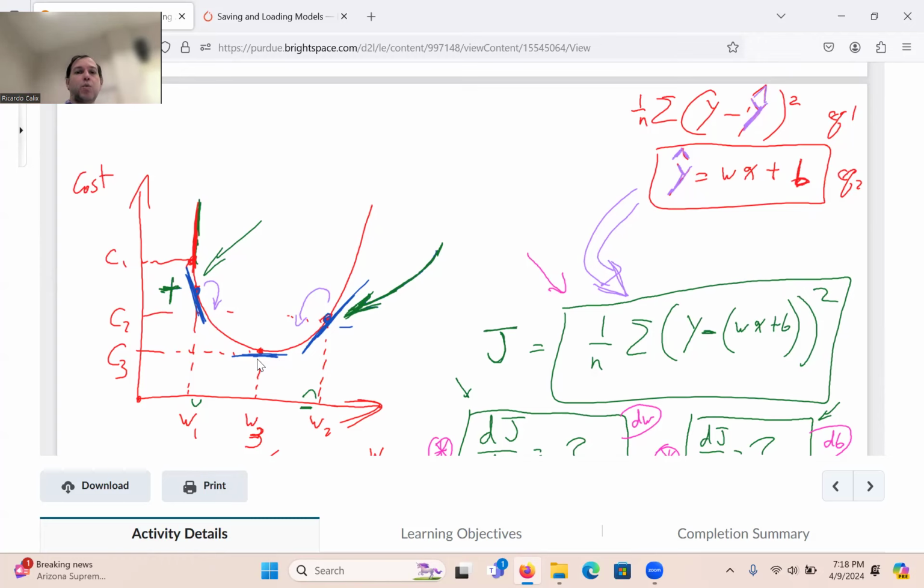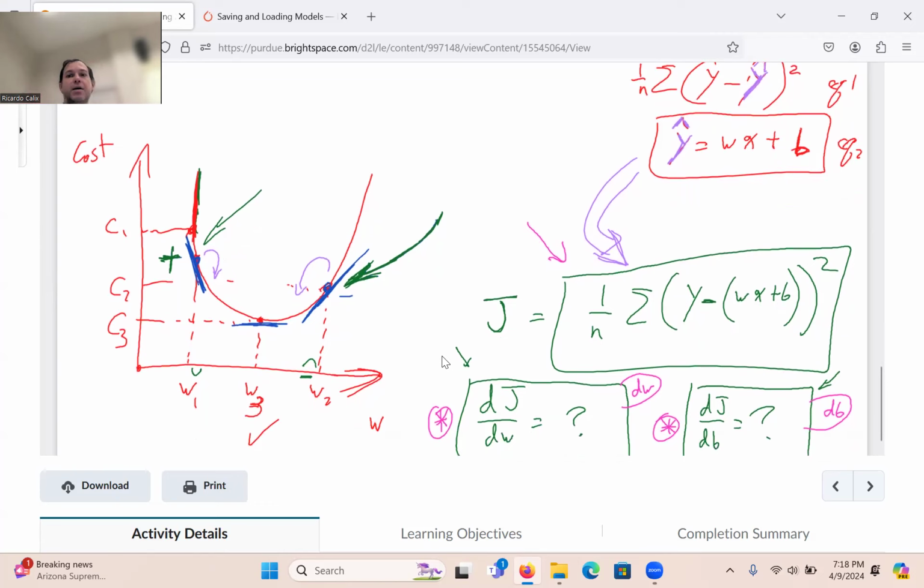So again, let's go back. We have J, we already established that. J captures the real and the predicted. The predicted is in terms of the W's, which is really important because it's the W's that we want to update. We already established that a thing that is squared has this red shape, that quadratic function and nothing else.